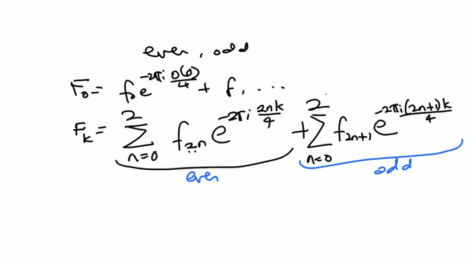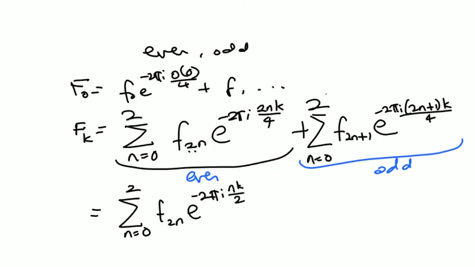We have the summation, n equals 0, and then f_2n e to the minus 2 pi i 2nk divided by 4, so we can simplify 2 and 4, right? It means that we have nk over 2. Perfect. This is perfect, see? Because this looks like a Fourier transform by itself of size 2. Wonderful.